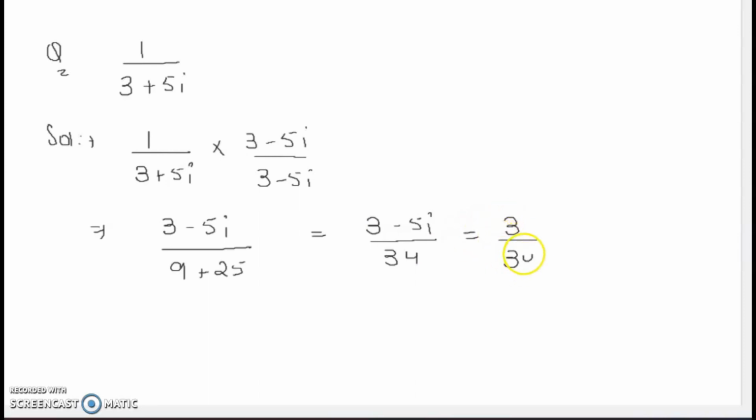We can also write this as 3 upon 34 minus 5i upon 34. Now this is not the answer because we have to find the conjugate of this. So conjugate means you just need to reverse the sign, and the final answer will be 3 upon 34 plus 5 upon 34i. All right, so this is the answer.